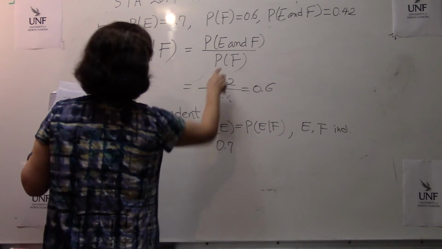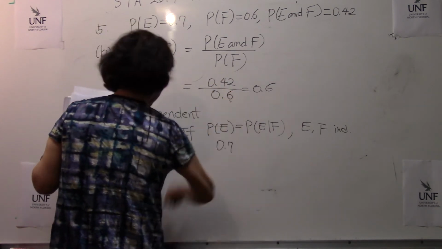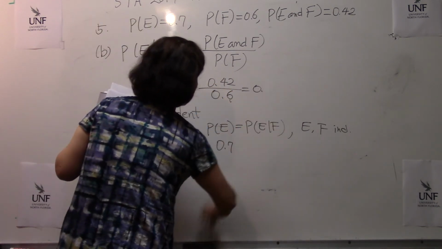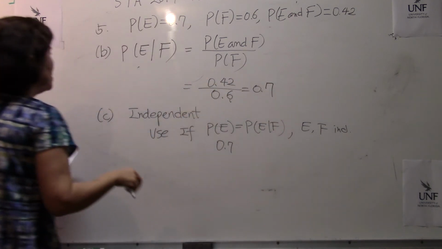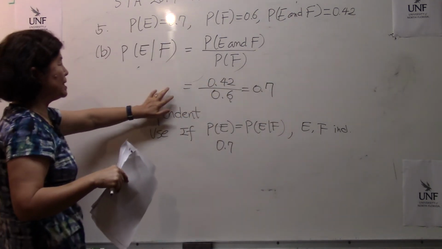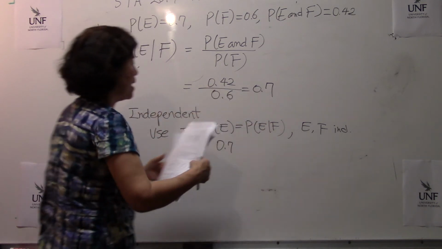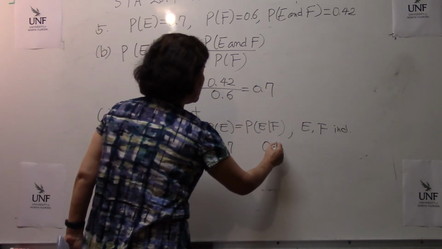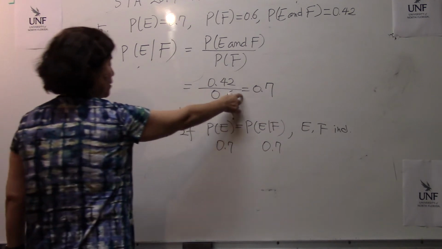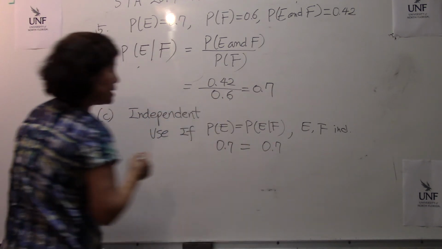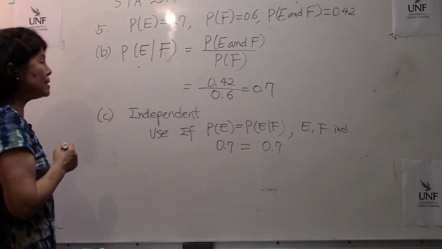The probability of F is 0.6. Therefore, this is 0.7. I'm sorry, okay? Earlier in part B, there was a mistake. I put the wrong number, so the answer is 0.7. Over here the answer is also 0.7 because we calculated it. Yes, they are equal to 0.7.